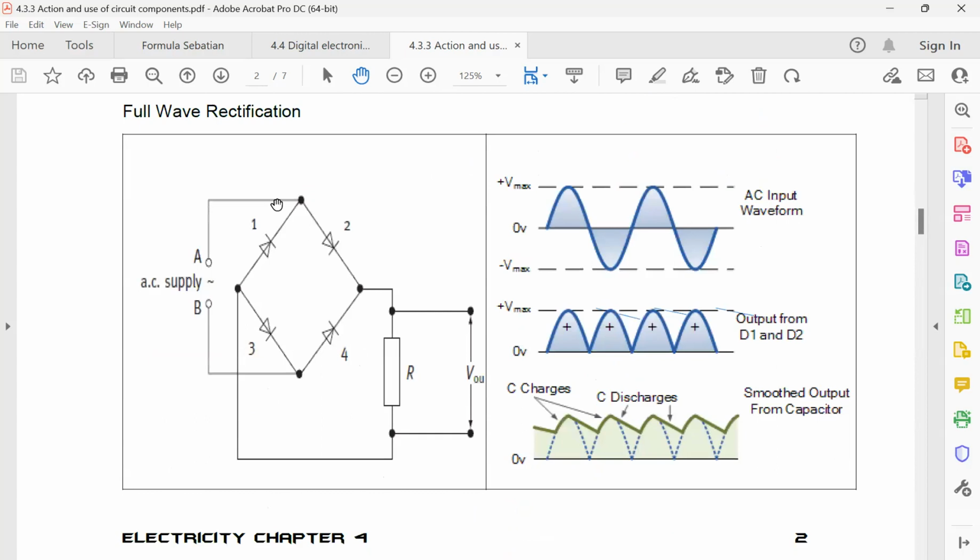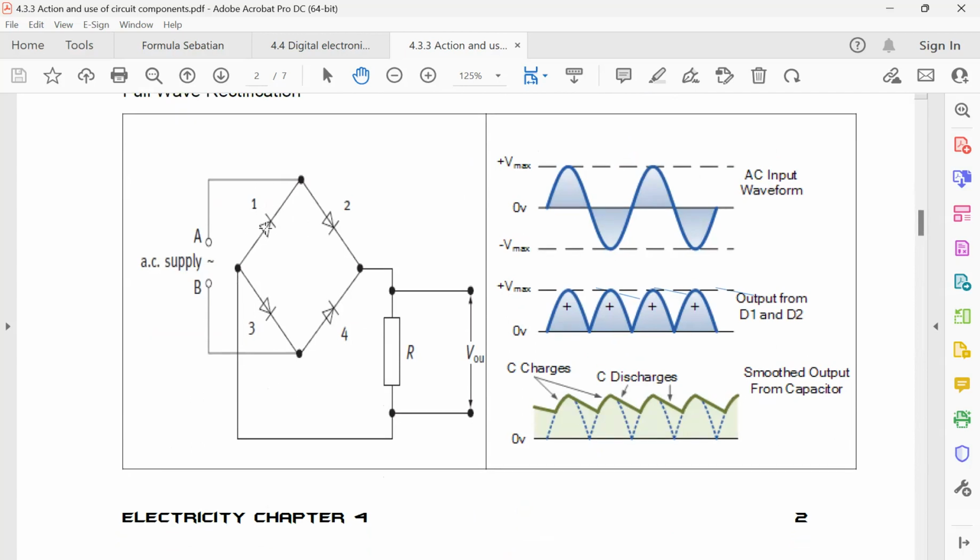For full wave rectification, both halves of the wave are made positive. But if you don't want to remember anything, remember that for full wave rectification, diodes 1 and 4 will point in the same direction, and diodes 2 and 3 will point in the same direction. You remember the pattern if you don't remember the rest. As long as they're opposite, they should point that way, and they'll all be positive at the end of the day.